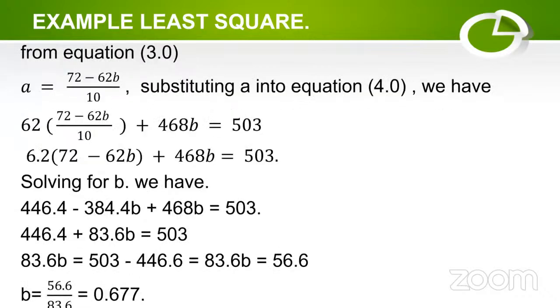So we now have 503 equals 62 times (72 minus 62b) over 10 plus 468b. Now solving for b, as you can see, we arrived at our b to be equal to 0.677. Looking at the equation here, we arrive at our b to be equal to 0.677.